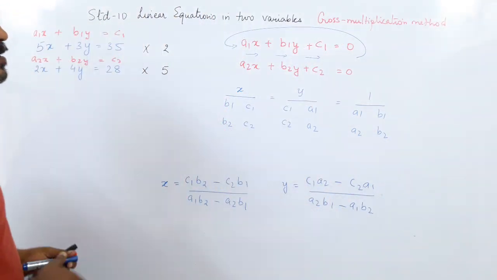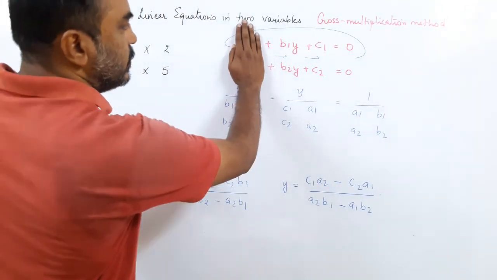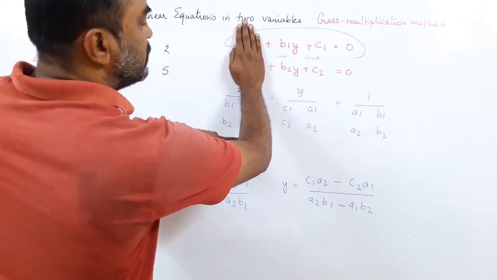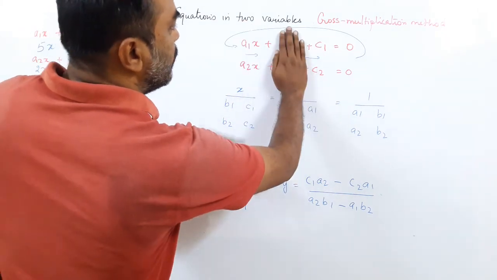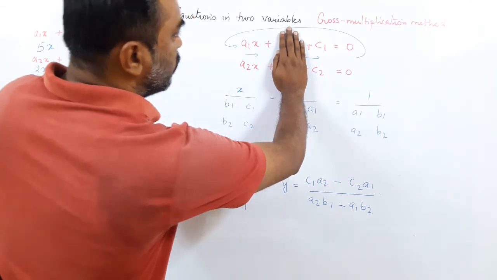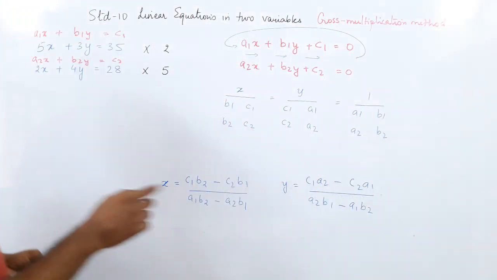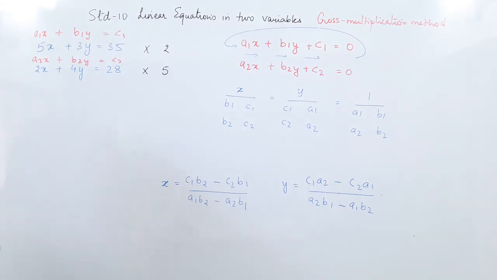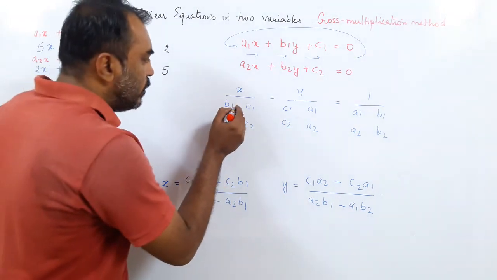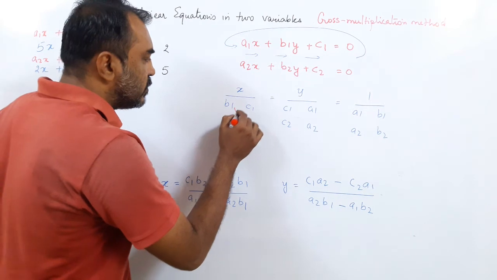So I have written x, b1, b2, c1, c2; y, c1, c2, a1, a2; go in the order; then 1, a1, a2, b1, b2. Done? And now you will multiply this first and subtract.